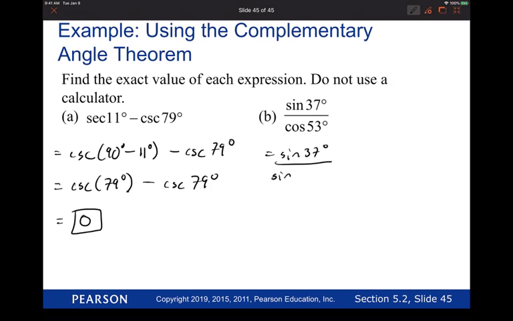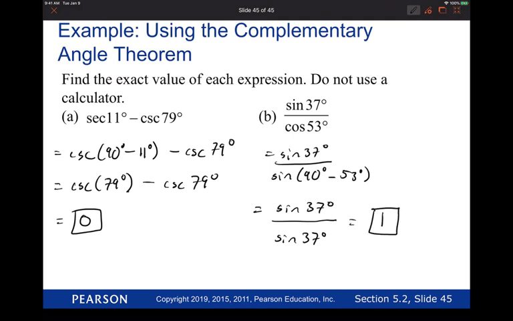Sine of 90 minus what? Yeah, 53, right? So then this is going to be sine of this. What's 90 minus 53? 37. Is this okay? You can check this with your calculator. It's not always going to be zeros and ones, but you know.